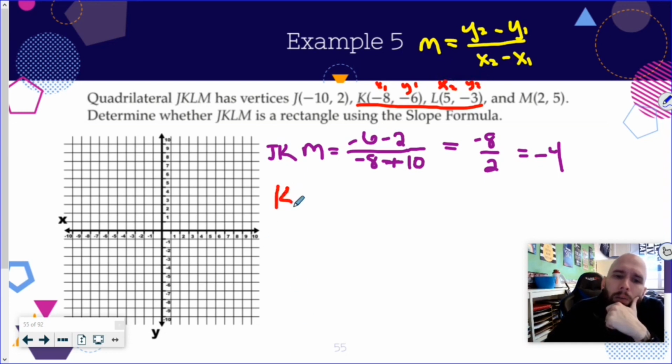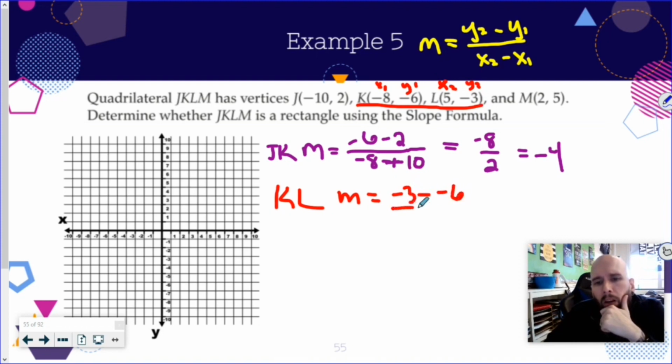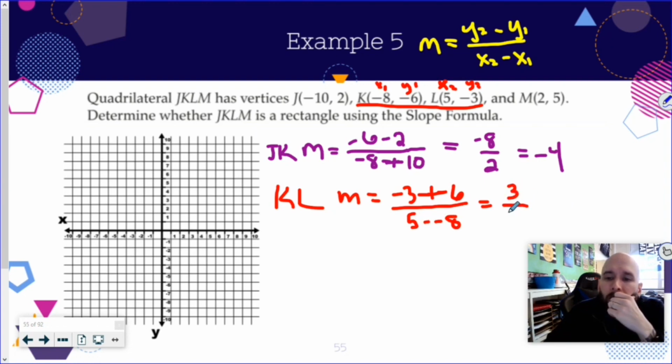Maybe KL. M equals negative 3 minus negative 6 over 5 minus negative 8. We've got negative 3 plus 6, which is regular 3, and 5 plus 8, which is 13.